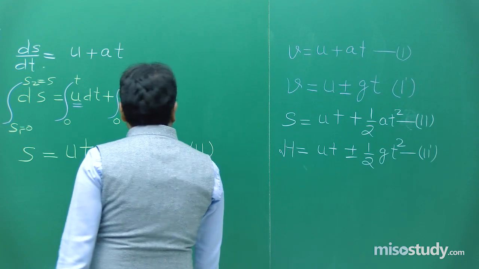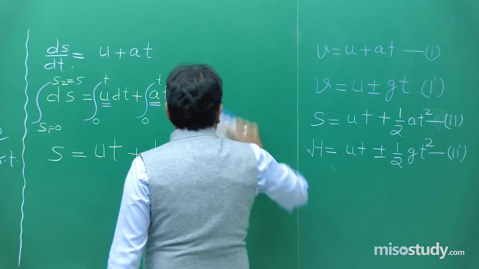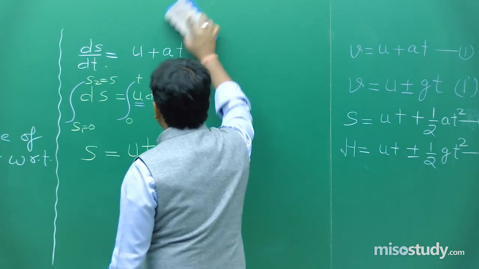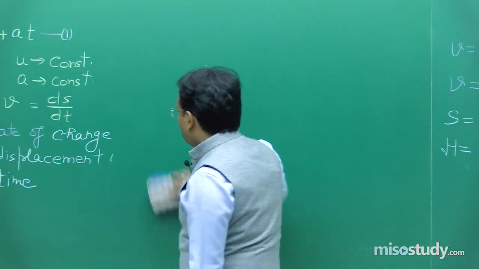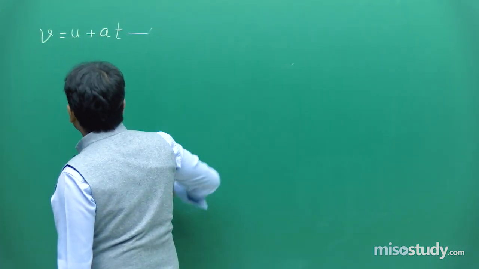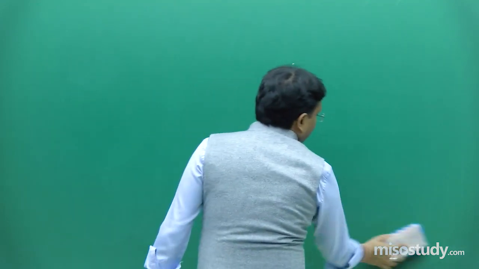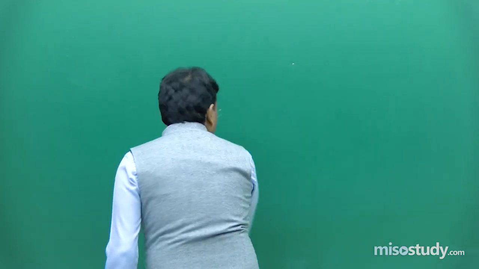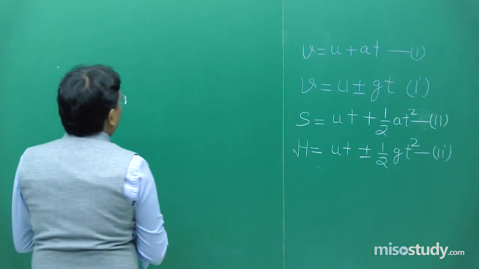So, with this I would like to move at this place in order to achieve our third relation, that is by putting the value of t from equation number 1 in equation number 2. So, this time I will explain you near this portion. Just take a look over here.